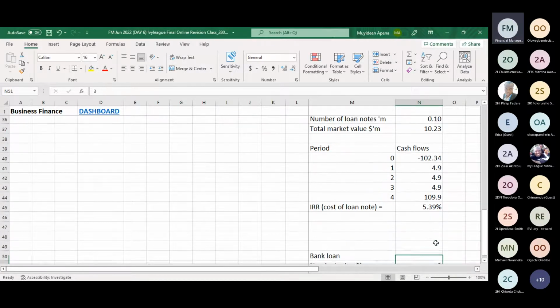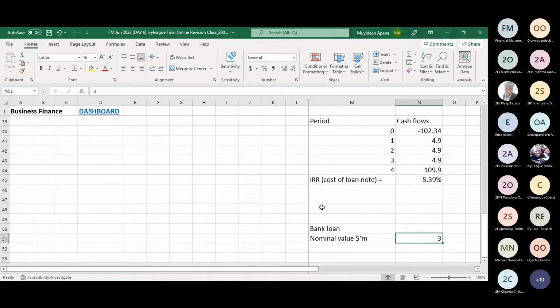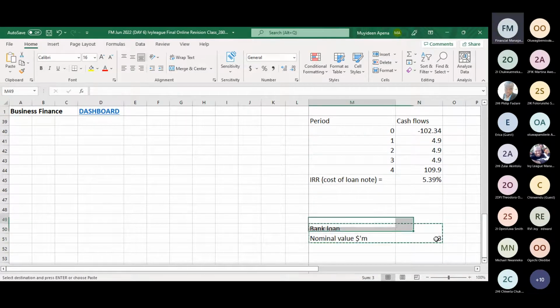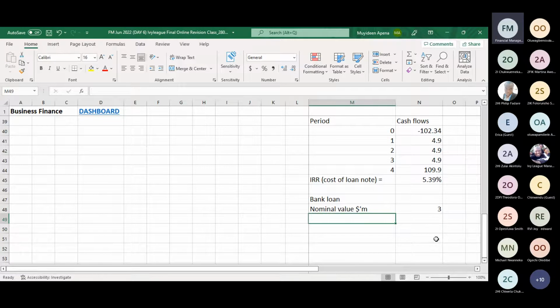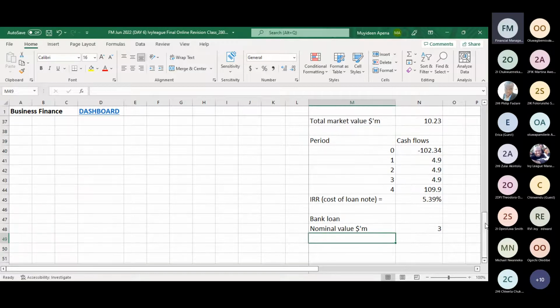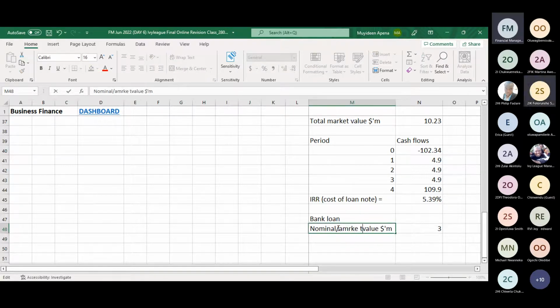So for bank loan, we are told nominal value is $3 million. Since bank loan is not tradable, we assume this is also the market value.